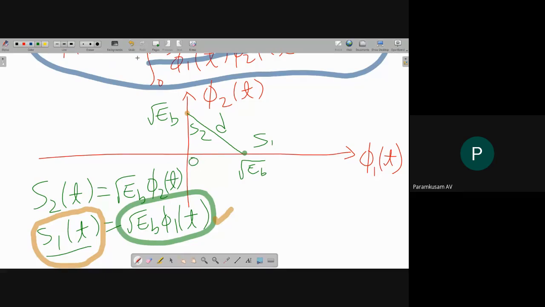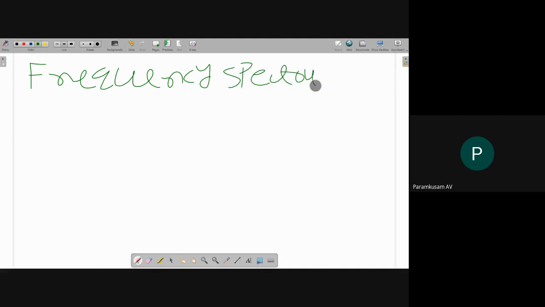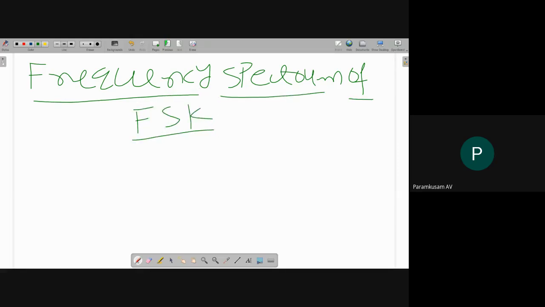Next, coming to the frequency spectrum of FSK signal.